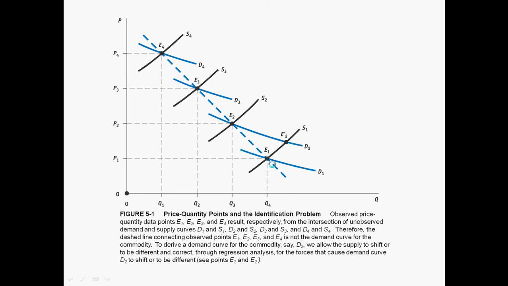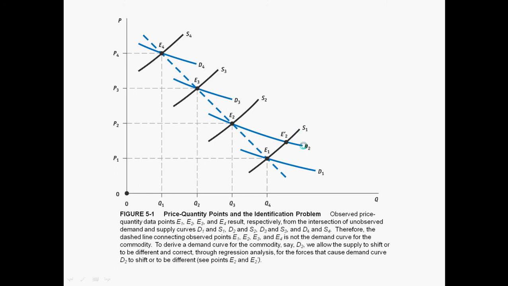If they just naively looked at their data, they'd say, okay, we used to charge P1 and we sold Q4, then we charged P2 and sold Q3, then we charged P3 and sold Q2, then we charged P4 and sold Q1. So we just string those points together, and then extrapolate what goes on beyond the boundaries and in between the points, and we've got our demand curve, right?